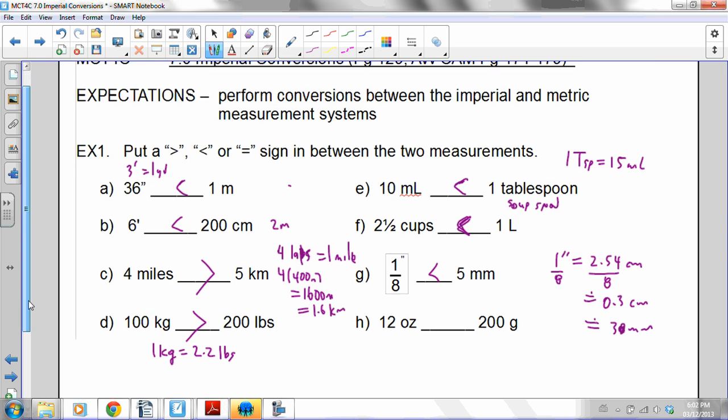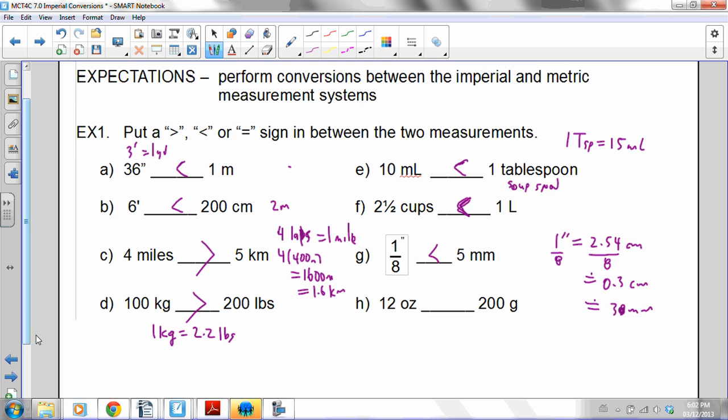12 ounces and 200 grams. This is a tough one because we don't think in American weights very often. 1 pound is 16 ounces, right? We thought about that one yesterday. But 1 pound is also 454 grams.